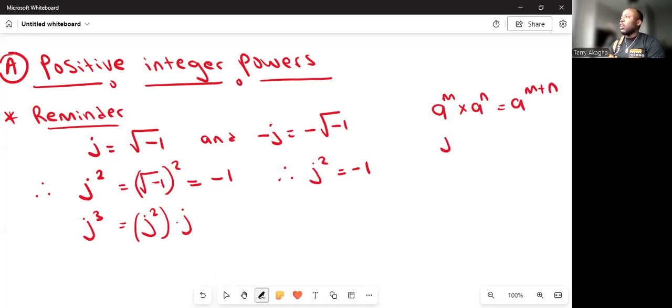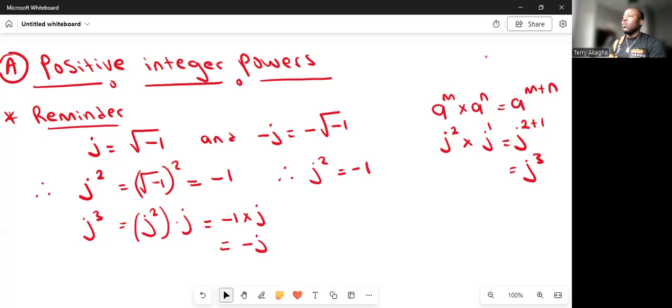So J raised to the power 2 multiplied by J raised to the power 1, because there's an invisible 1 there, is equal to J raised to the power 2 plus 1, which gives J raised to the power 3. We already know that J squared is equal to -1, so it's -1 times J, and therefore minus J. So we can say J cubed is equal to minus J.